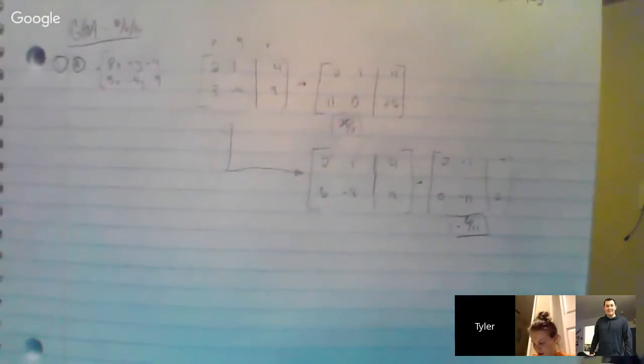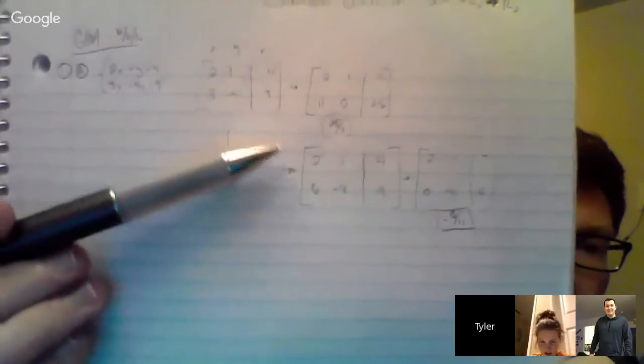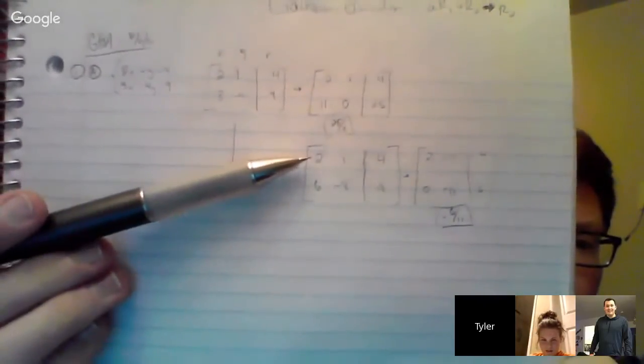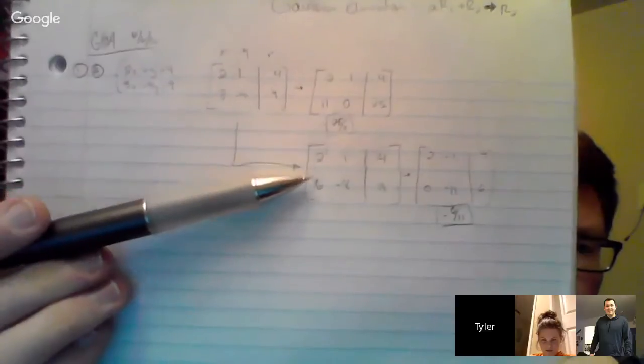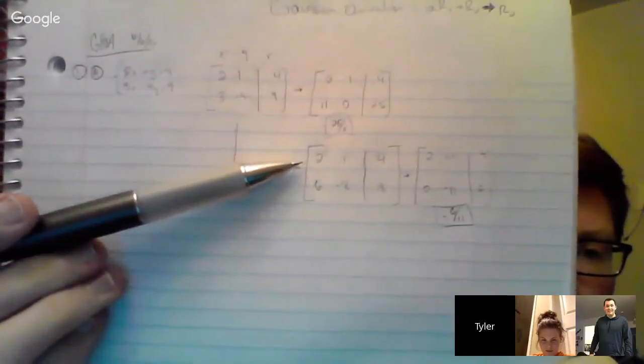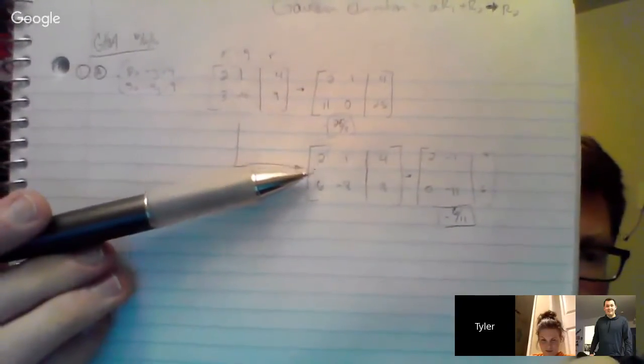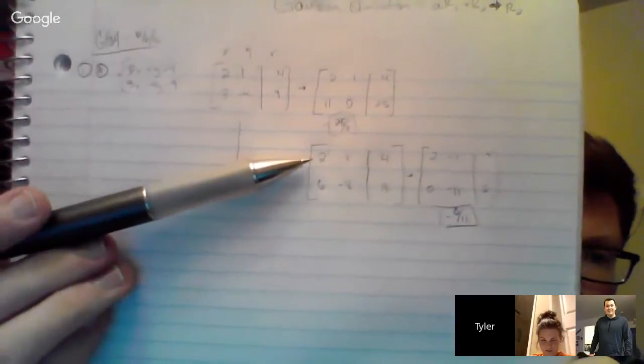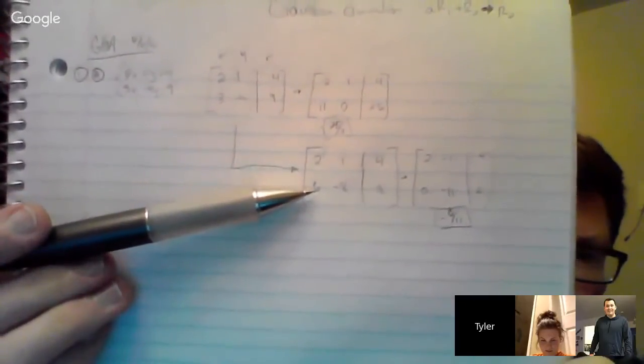So I'm confused. What did you do to make the 6 0? So I added negative line 1 3 times to line 2.